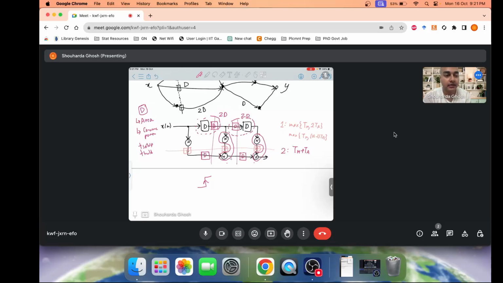You need certain differences in timing intervals so that the data is latched in properly and safely. When you have T setup and T hold, you impose more of a constraint on your timing periods. We have just taken TM and TA, but in reality T setup and T hold will also play an important role.